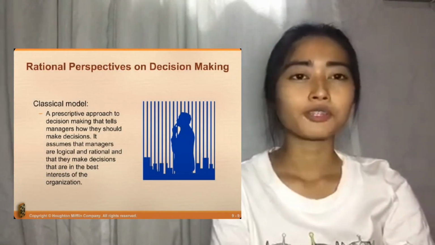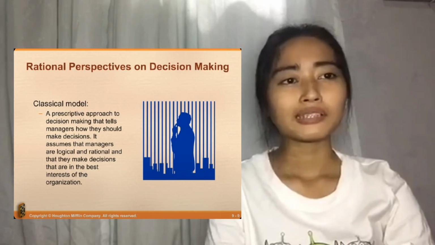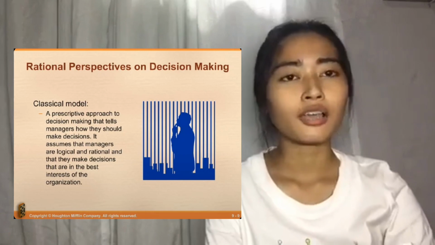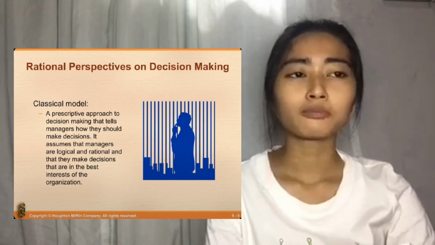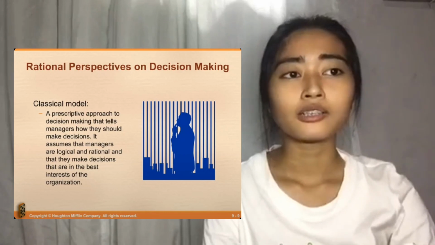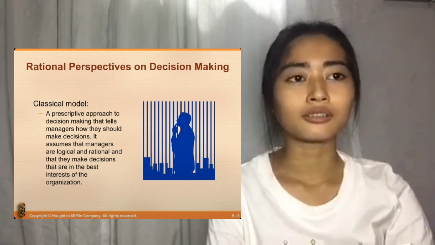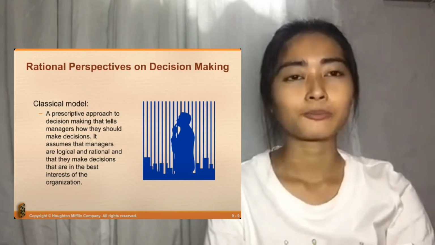Rational perspectives on decision making. Classical model: a prescriptive approach to decision making that tells managers how they should make decisions. It assumes that managers are logical and rational and that they make decisions that are in the best interest of the organization.